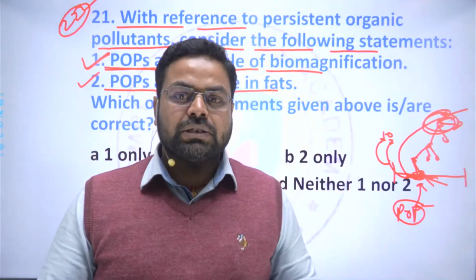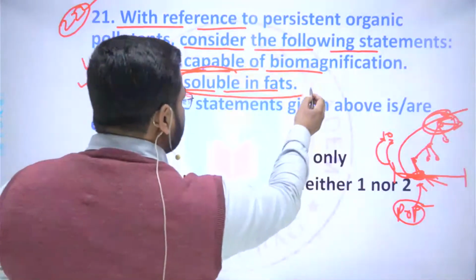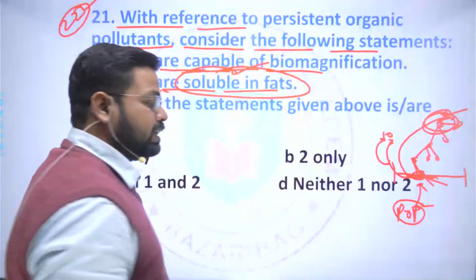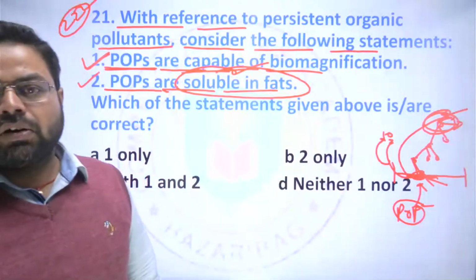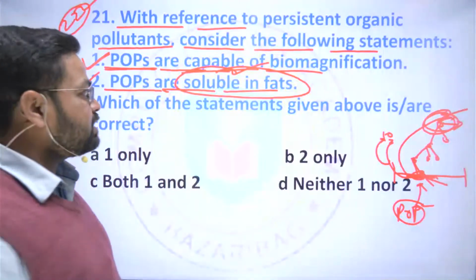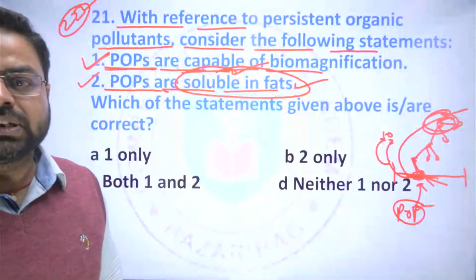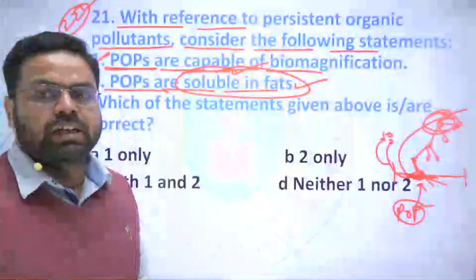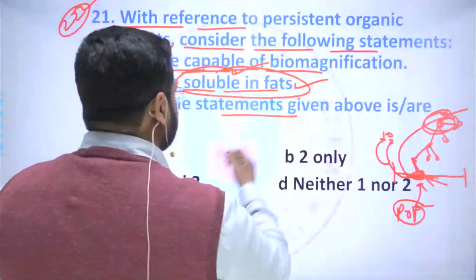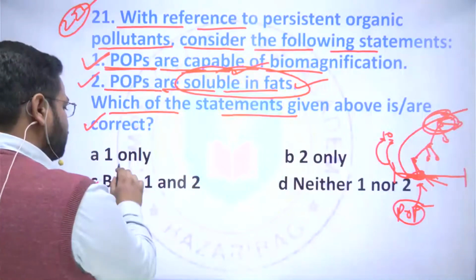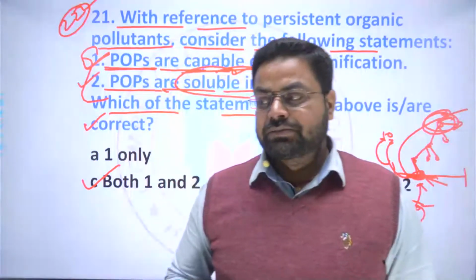But these POPs are soluble in fat, and that is why they are capable of remaining in the body of the organisms, and this makes them more dangerous. This is the reason why they are more dangerous. So here it says, which of the statements given above is or are correct. Both 1 and 2, both the statements are correct, right?